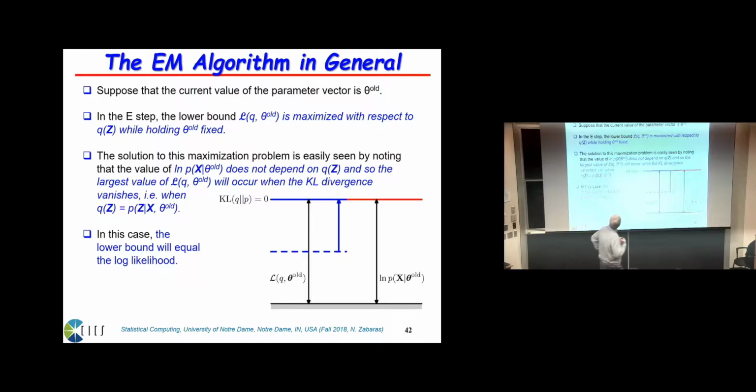So you remember we try to maximize the lower bound, but on this step we take the parameters to be constant. So we're going to maximize this with respect to the distribution Q.